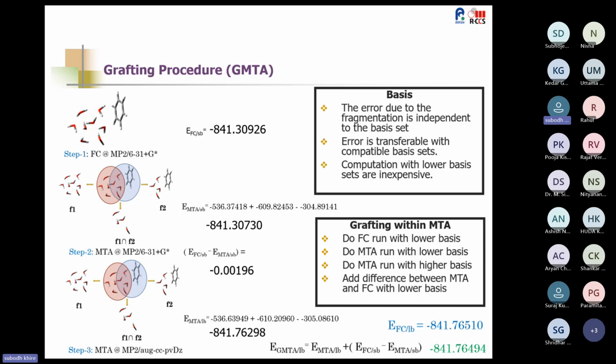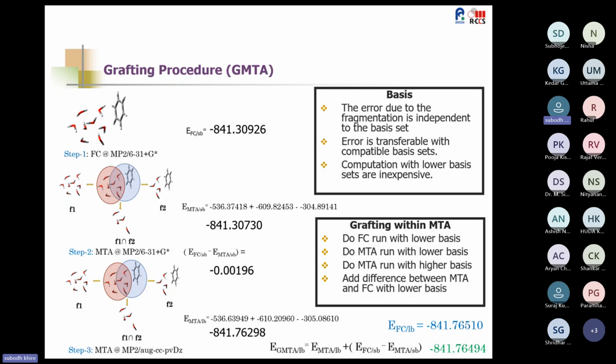If I fragment the molecule and calculate the energy, and also calculate the energy without fragmentation, there is a difference, but this difference stays quite constant between two basis sets that are closely related to each other. So you can easily graft this error onto the higher calculation.